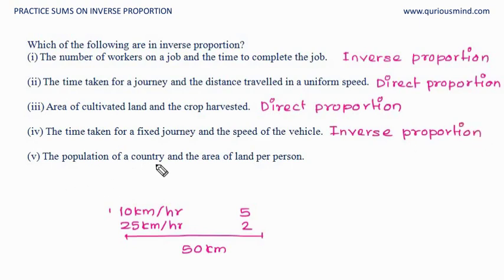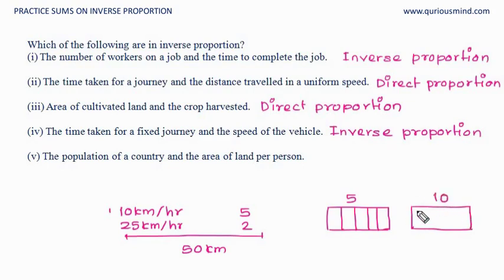The population of a country and the area of land per person. This is, let's say, the whole land, and if I have 5 people, then everyone is going to get this much land. Now I have the same area, my country's area has not changed, but my population has changed to 10.